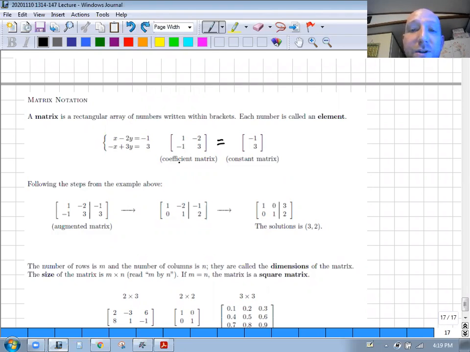So these are your coefficients, the coefficients to your x and y's. That's why it's called the coefficient matrix. These are just constants. There's no variable. So this is your constant matrix. So following the steps from the above example, they combine these into just one matrix like that.